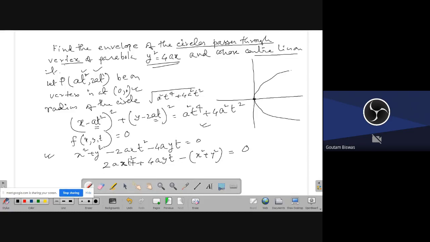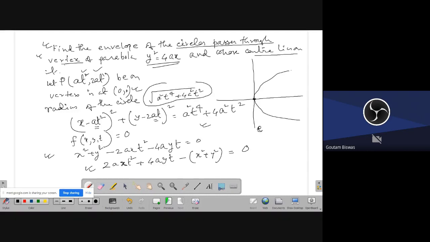This is a quadratic in t, so t has two roots. So the required envelope is, you can do it, differentiate this and eliminate t between these two equations. We'll get the result. This type of sums are common, but you must know the radius.